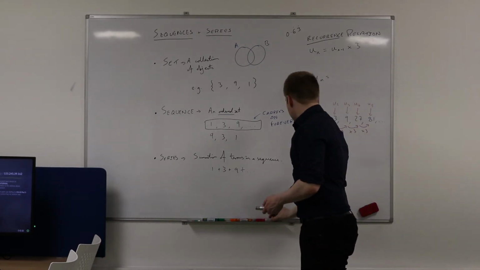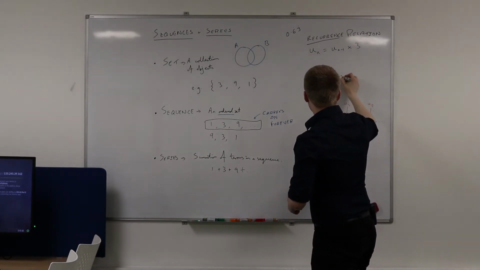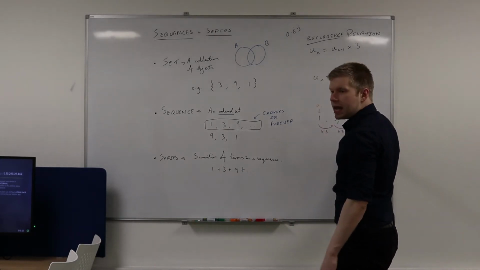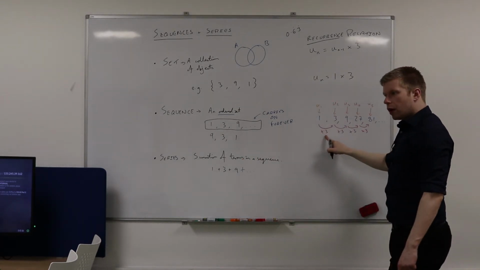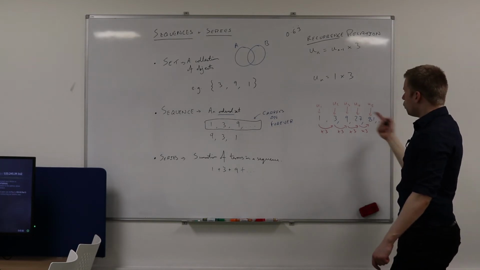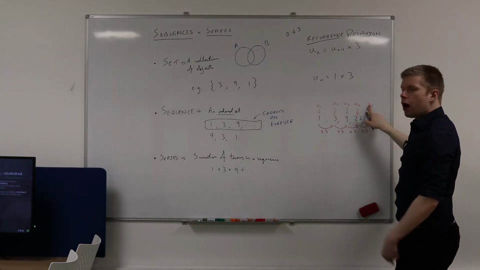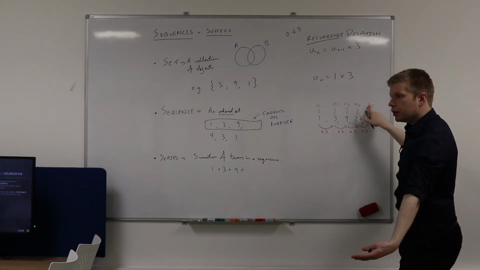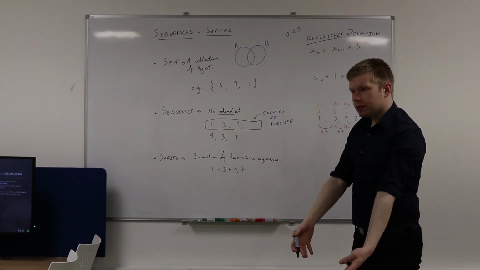So what I've literally done here is I've started at 1, and then I've multiplied by 3 a number of times, and the number of times that I've multiplied by 3 is 1 less than whatever term I'm up to. So if I'm going for u5, I've multiplied by 3 4 times. If I'm going for u10, I've multiplied by 3 9 times.